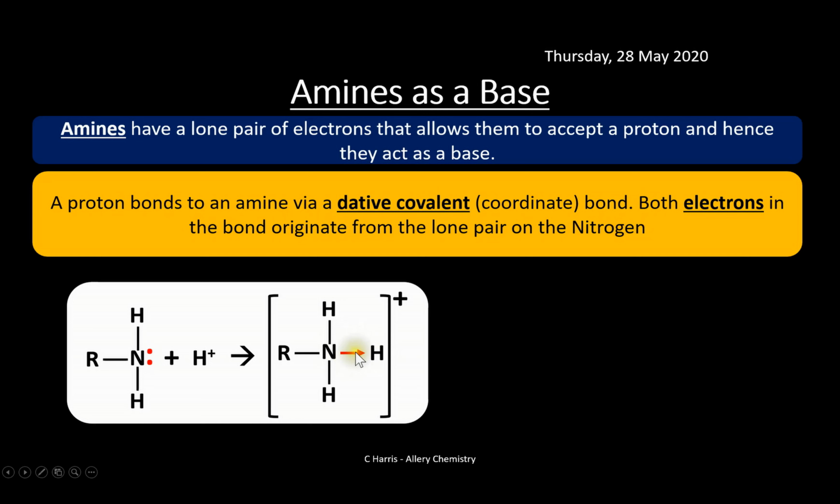Now this bond is weaker than a standard covalent bond, which is this bond here. Okay. So this whole thing has a positive charge. The reason it has a positive charge is because we've added an H+ to it. So overall, it is positively charged. Okay.